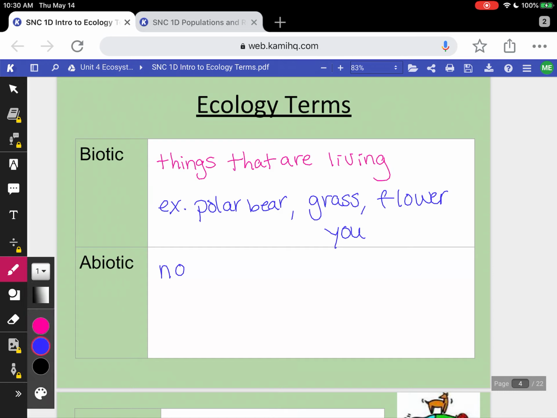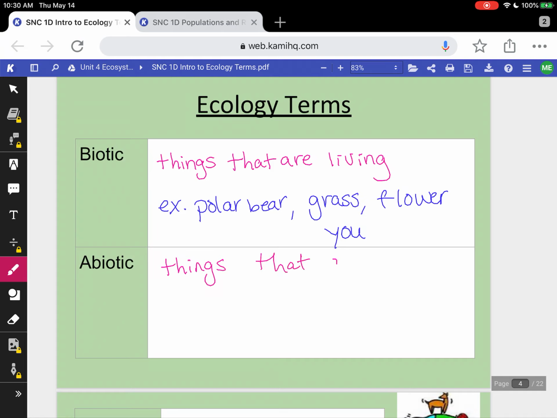Abiotic are non-living. Oh, let's flip our color here. So abiotic are things that are non-living.